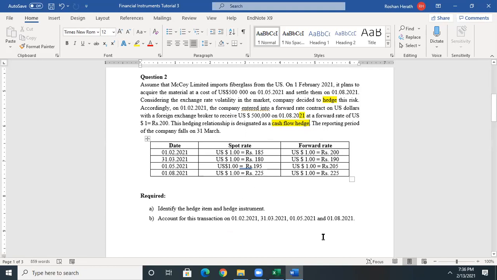Yes, you can contribute in this. So contribute: what is the hedge item and what is the hedge instrument? Risk here, the liquidity risk. Okay, you're asking about the risk. It's associated with the market price, right?